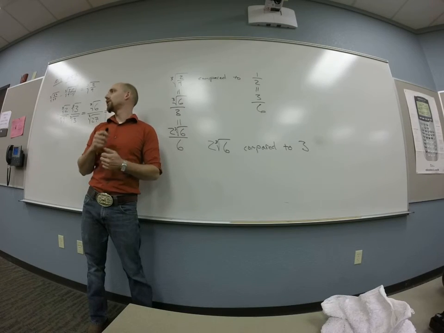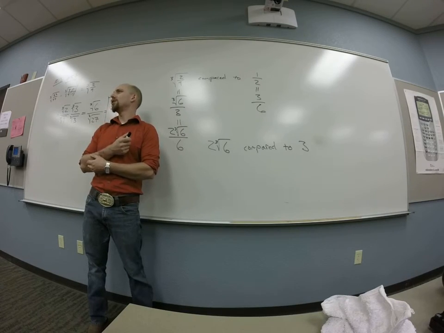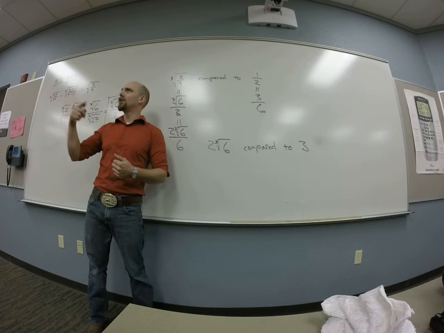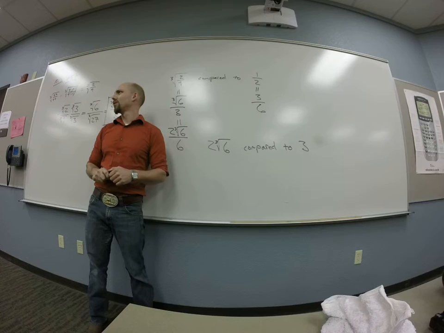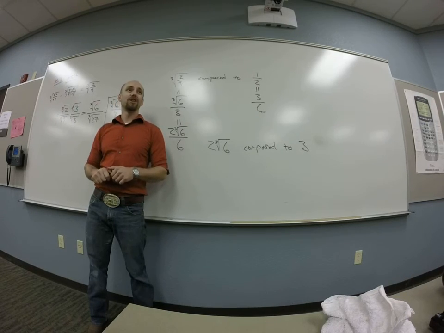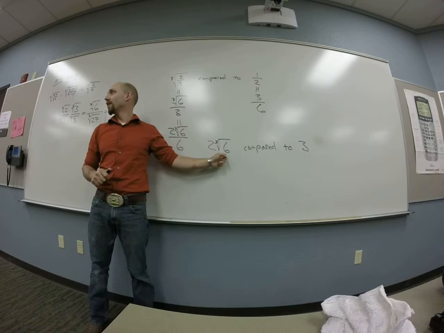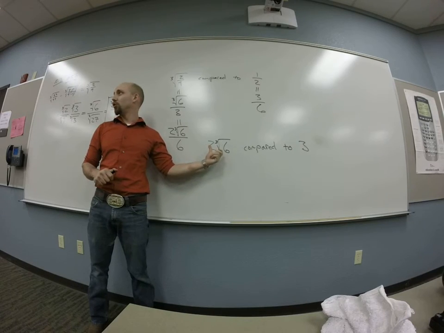So what's the cube root of 6? How about what's the cube root of 8? 2. What's the next nearest one that I know about? 1, unfortunately. So I know that this is between 1 and 2, right? You guys see that? So 2 of them is between 2 and 4.